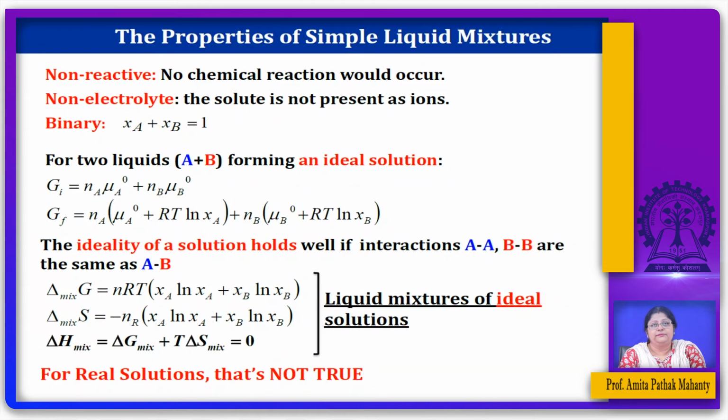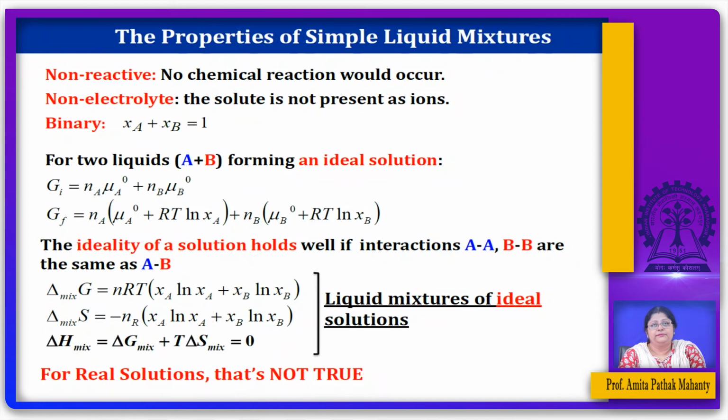In a simple mixture of two liquids, the delta G mix, delta S mix and enthalpy mix which we have calculated are all valid only when they are ideal solutions and there is no interaction between the two solvent molecules, two solute molecules, or between solvent and solute molecules.